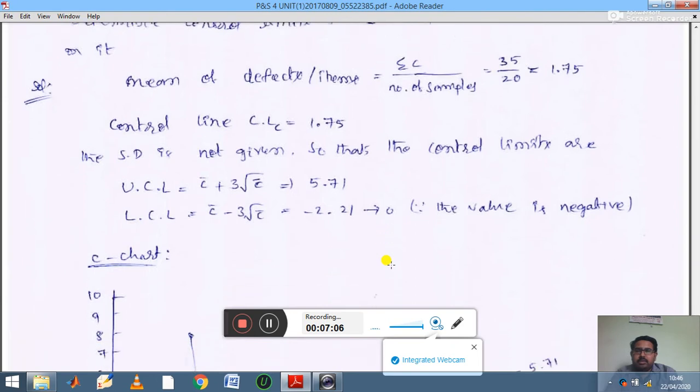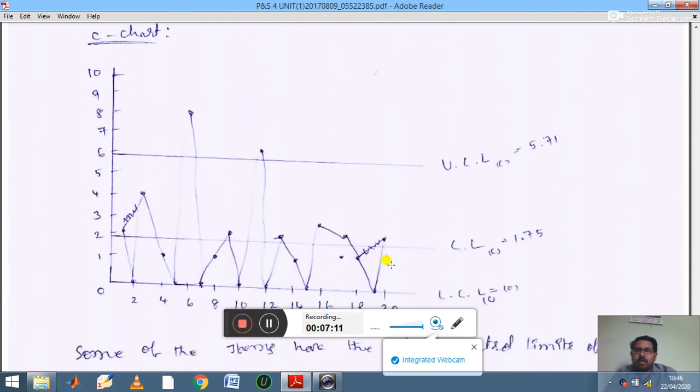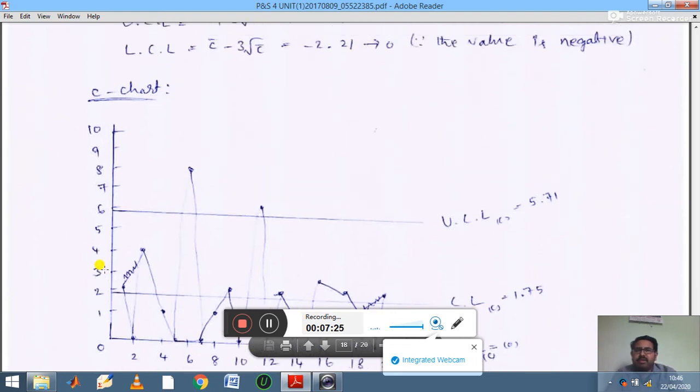Then, using this chart, let us proceed to the control chart. Along the horizontal line you write the sample numbers. There are 20 samples, so by taking a width of 2, you write 0, 2, 4, 6, 8, and so on, and along the vertical line you go with the C values.